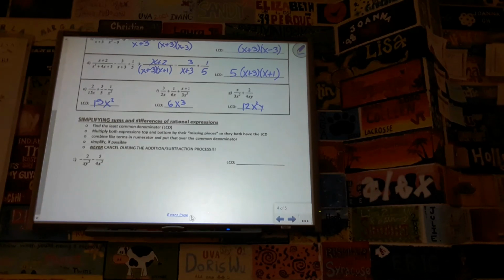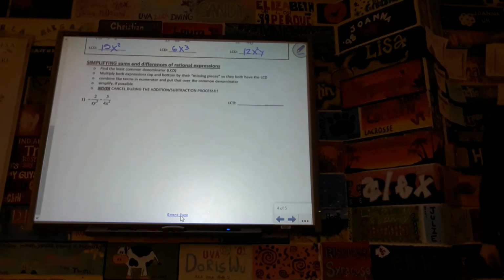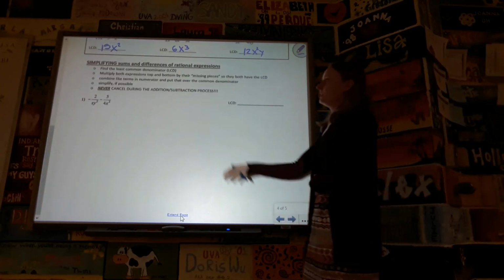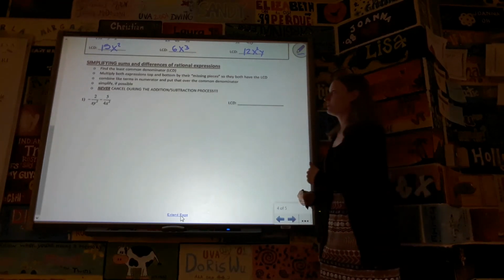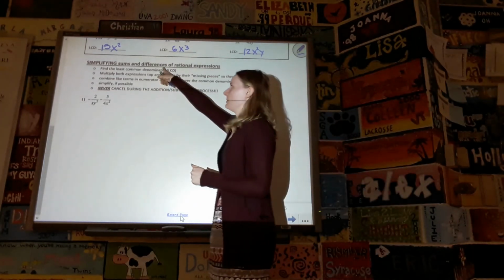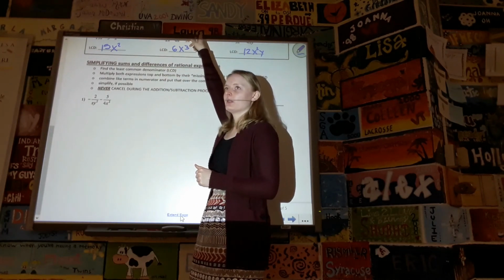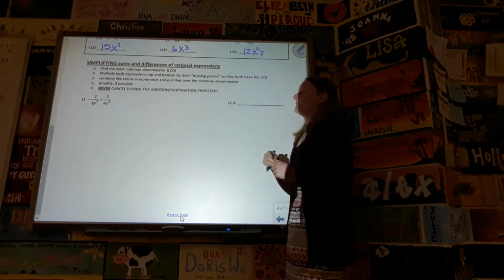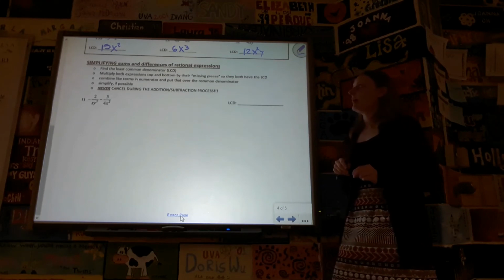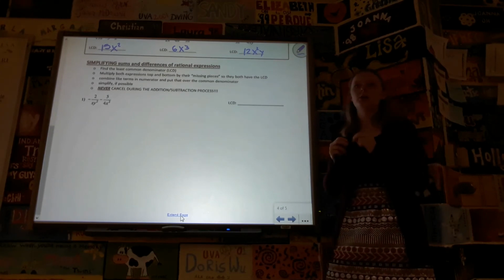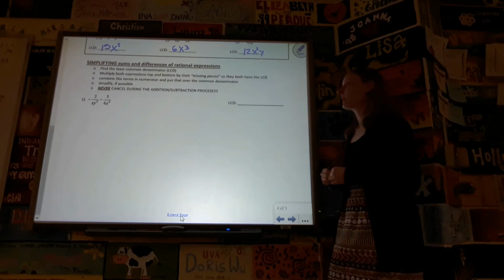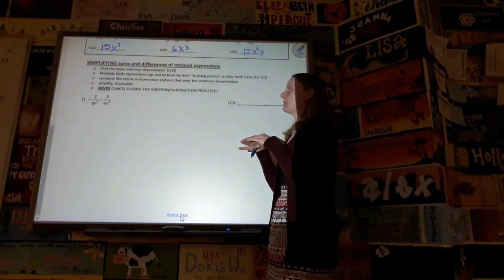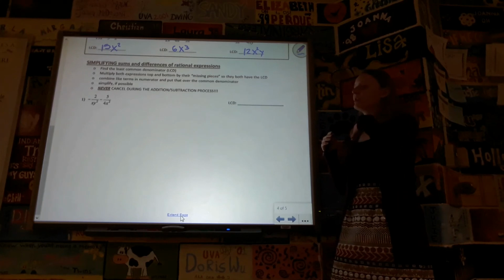Alright, so let's actually do some examples here. So again, when I am actually asking you to perform the addition or subtraction, here's your process. You're going to find the least common denominator, just like what we did up there. You're going to multiply both expressions, top and bottom, by their missing piece, so that each of the fractions have the common denominator that you've identified. Then you guys are going to combine like terms in the numerator and put that over the common denominator.